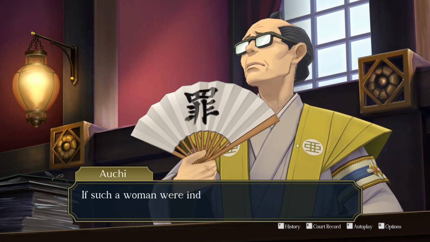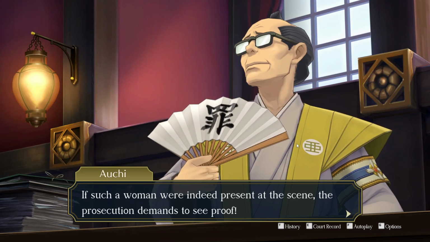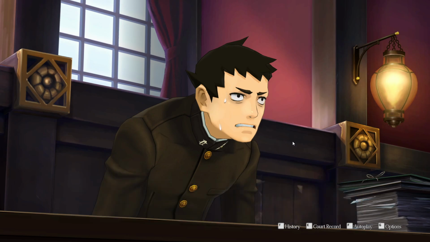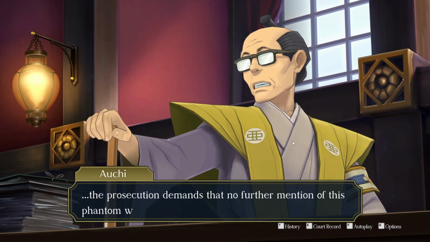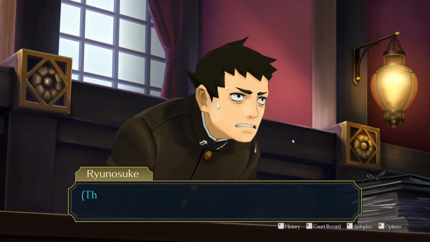But if such a woman were indeed present at the scene, the prosecution demands to see proof. And if no such proof exists, the prosecution demands that no further mention of this phantom woman be made. It is a blatant waste of the court's time.